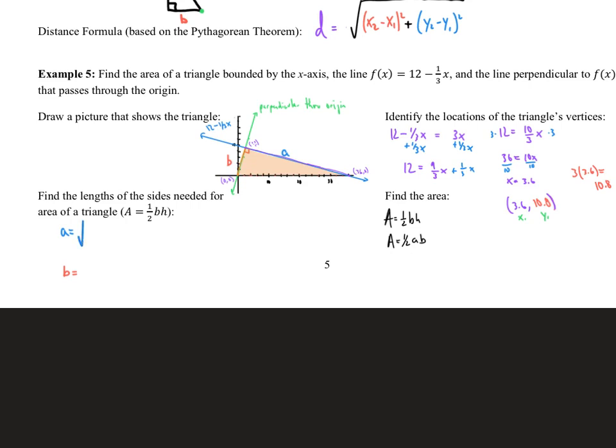So the square root of x2, which I'm saying is 36, minus x1, which I said is 3.6, squared, plus y2, which is 0, minus y1, which is 10.8, squared.